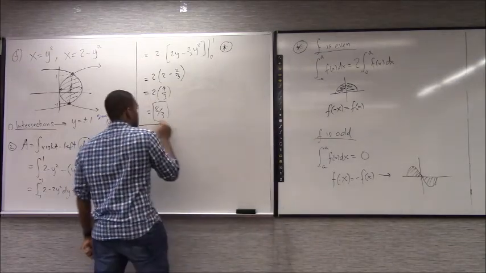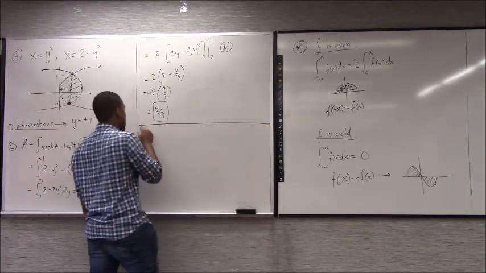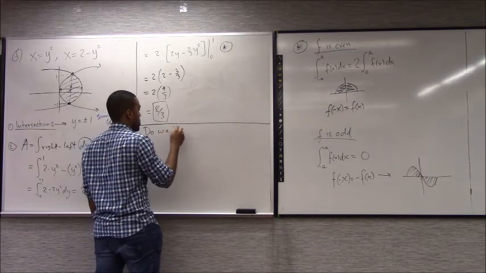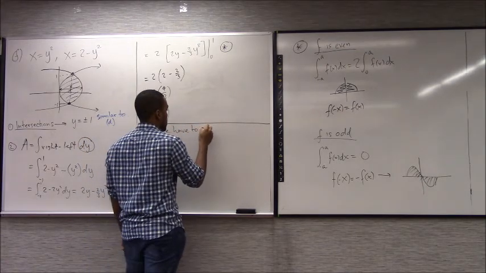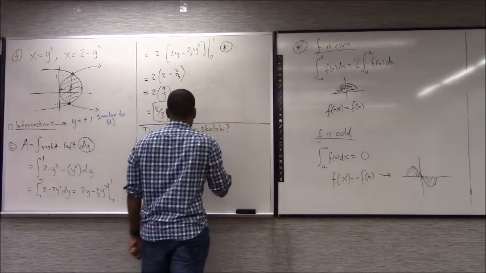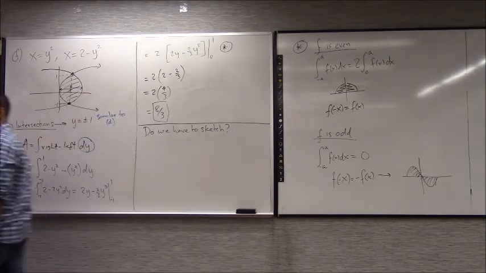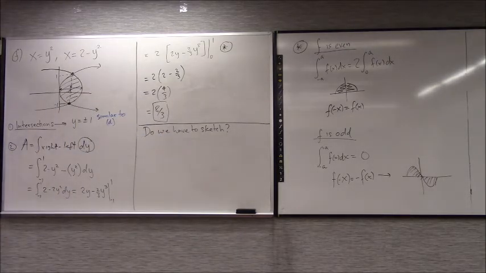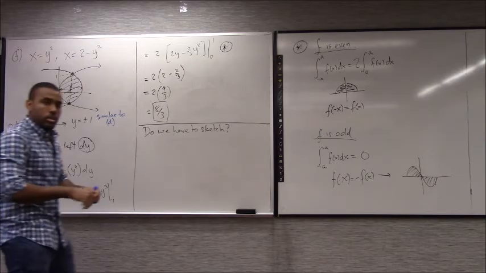So that question that I asked you before, do we have to sketch? I started all of these with a picture. Was that necessary? Can you think of another way to figure out who's top and bottom or right and left?